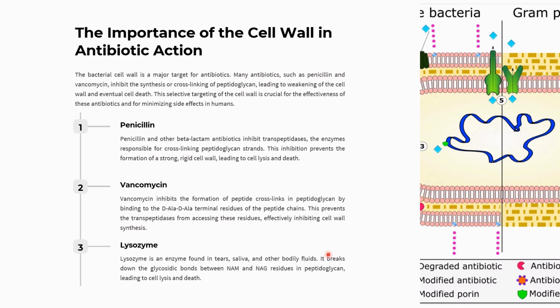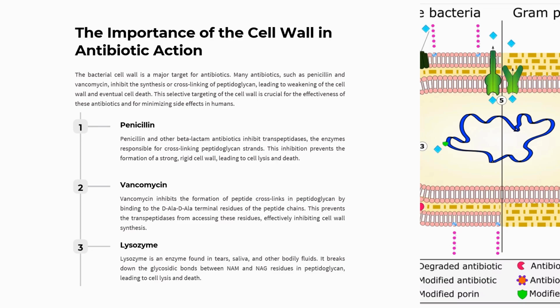In conclusion, the bacterial cell wall is a fundamental component that provides structural integrity, protection, and functionality to bacterial cells. It varies significantly between gram-positive and gram-negative bacteria, each with unique features and implications for pathogenicity and antibiotic treatment.